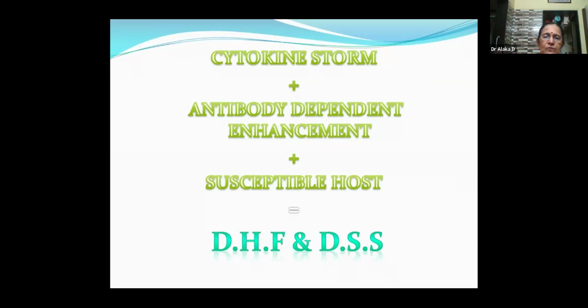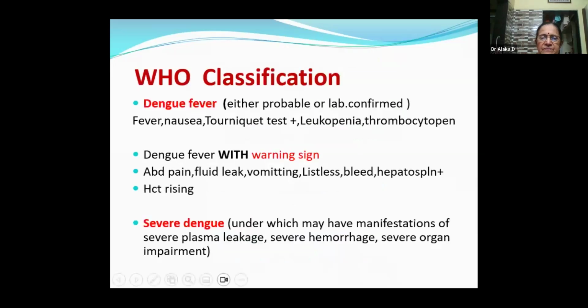And then you get what is called a cytokine. The different immunological cells are activated, their cytokines are produced, and then we get a cytokine storm, antibody-dependent enhancement. For this, we have to have a susceptible host, and this leads to dengue hemorrhagic fever.